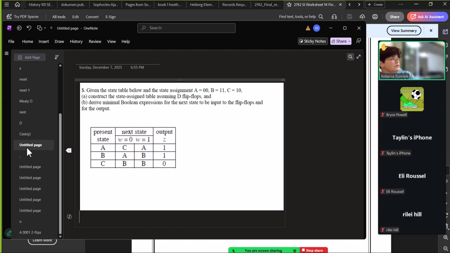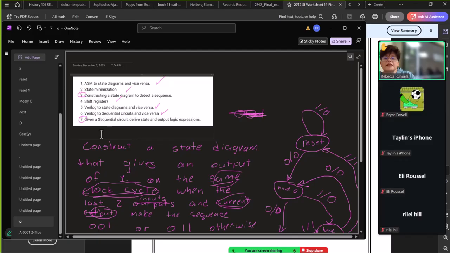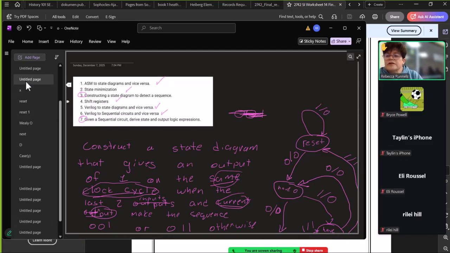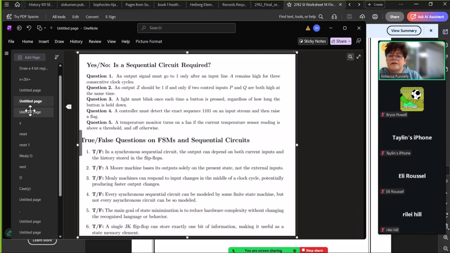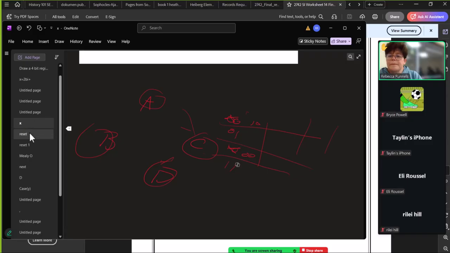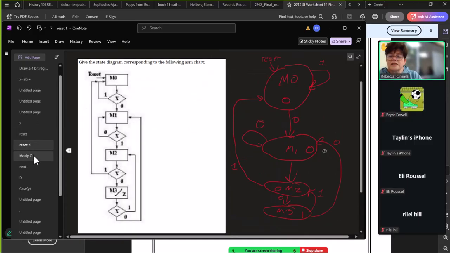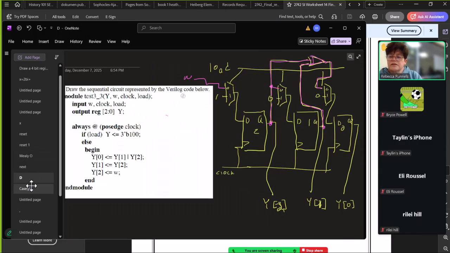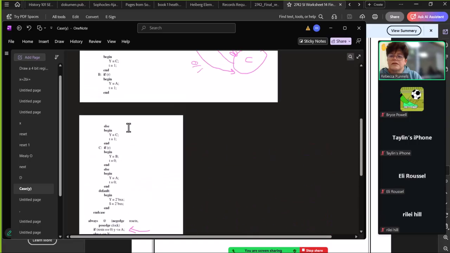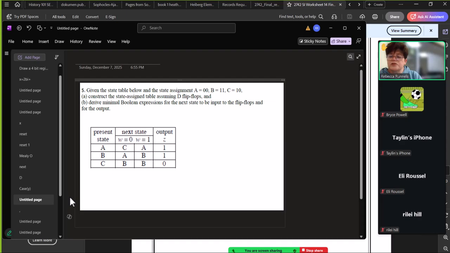I was going to do this one, but when I looked back at this, it said given a sequential circuit derive state and output. Oh, okay. I could have sworn I saw one. I saw it and I said, "Oh, I'm not doing that." Did y'all see one that has like a circuit drawn?